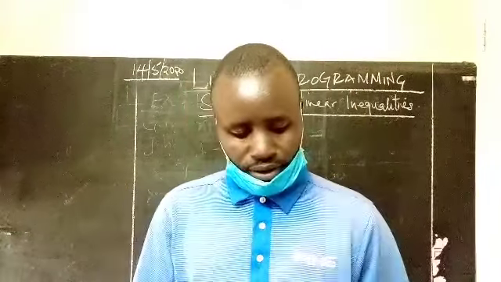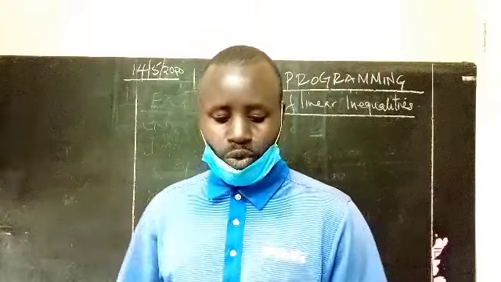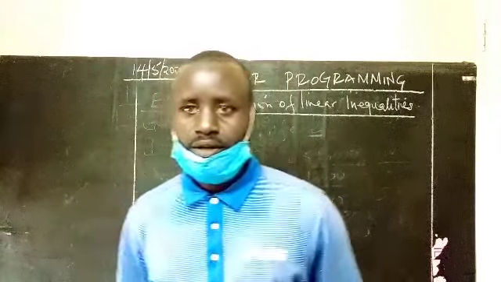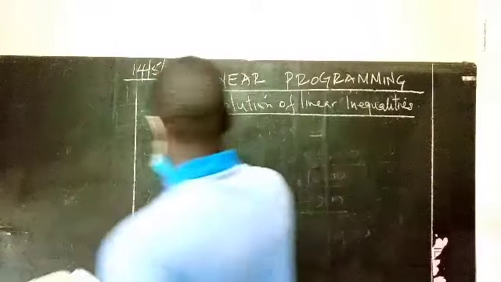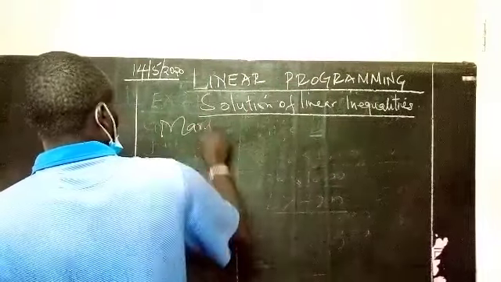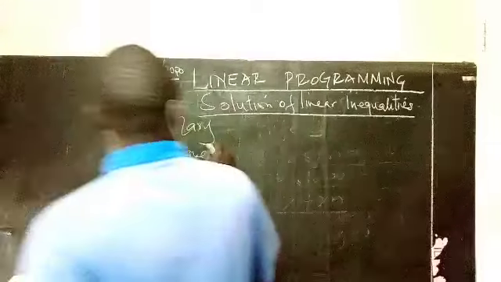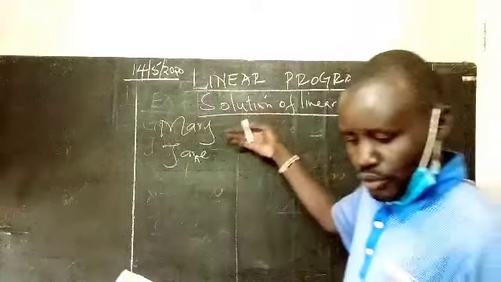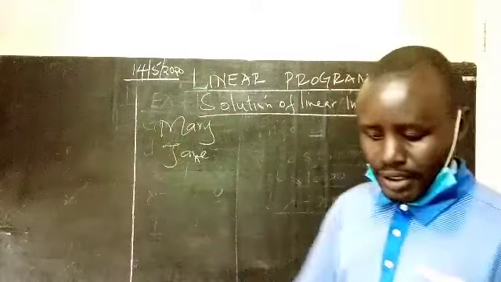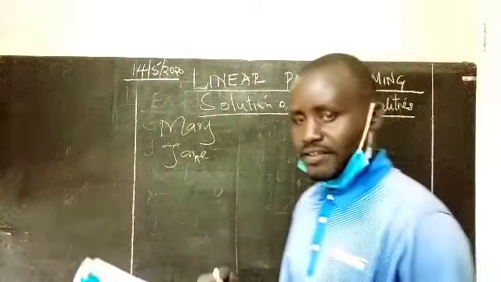In example 3, Mary is twice as old as her sister Jane. We have two sisters here. The first one is Mary, and the second sister is Jane. Mary is twice as old as her sister, who is not less than 5 years old.